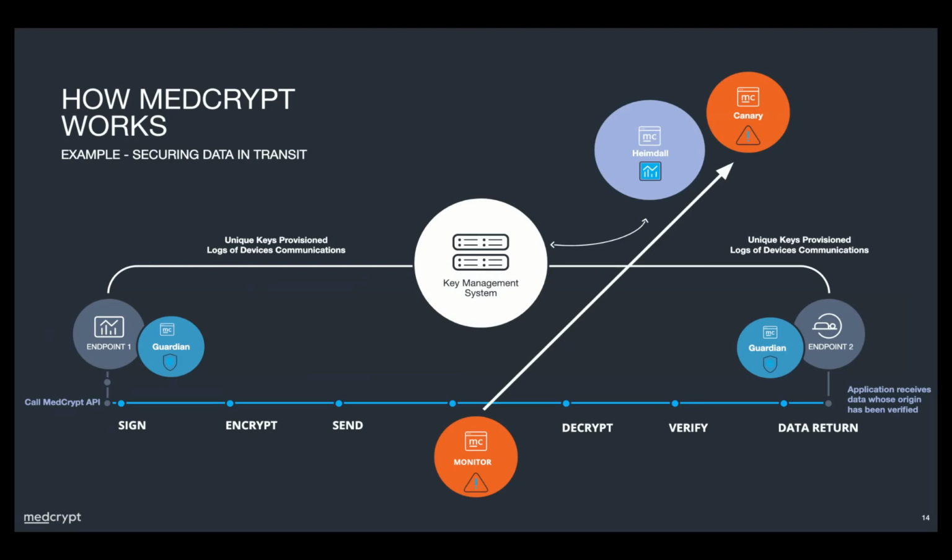And it's by looking at these changes in patterns or changes in behavior, be they subtle or be they very overt, that we can determine if a device is either under attack or if some sort of anomalous behavior is actually occurring. In addition, if you layer Heimdall on top of these solutions, Heimdall lets us know what software is running on each endpoint and the SBOM for each device.